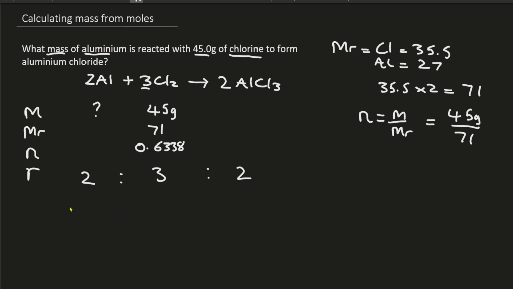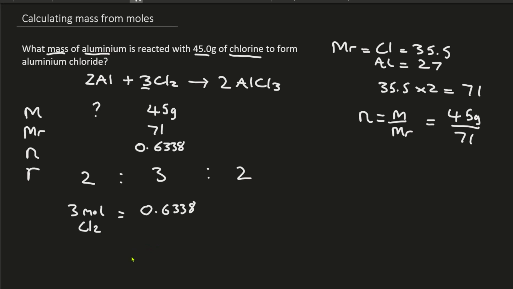So 3 moles of our chlorine we know equals 0.6338 moles. So that means that we need to find out what 1 mole is. Now, there's lots of different ways of doing this question.